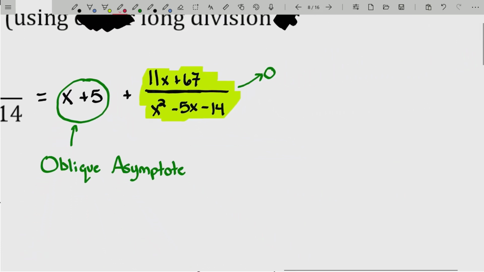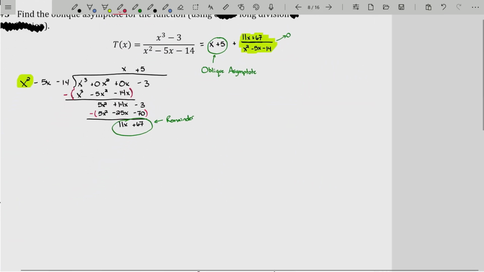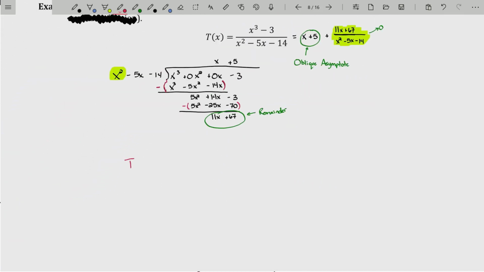and you were to subtract off the oblique asymptote, so let me note, we have t of x, and we want to subtract off q of x, and we want that to approach 0. Well, t of x was x plus 5, plus 11x plus 67 divided by x squared minus 5x minus 14. That was our original function after we did long division.